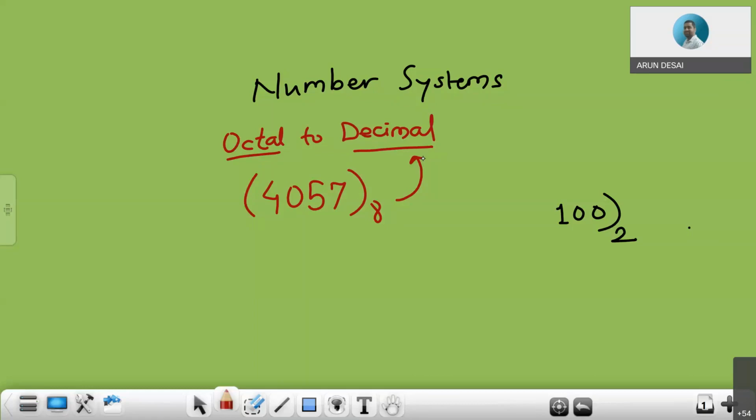Which formula, which method? Yes, positional weighted. So you multiply the given digit by 8 raised to that position. Okay, try to solve this. Positions are 0, 1, 2, 3. That is 4 into 8 raised to 3 plus 0 into 8 raised to 2, likewise.